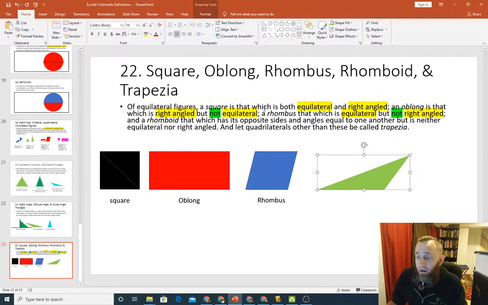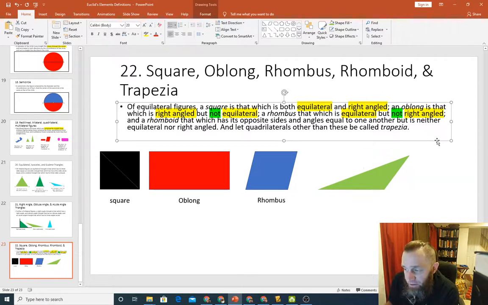So now I need to finish this up to make it a rhomboid. I need opposite sides and angles equal to one another, but neither equilateral nor right. Okay, so yeah, it's sort of an oblong rhombus.